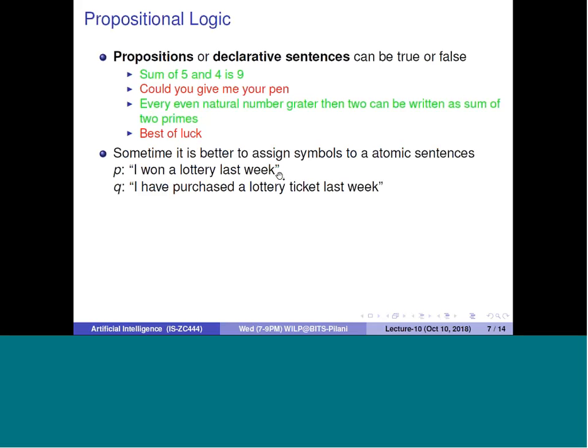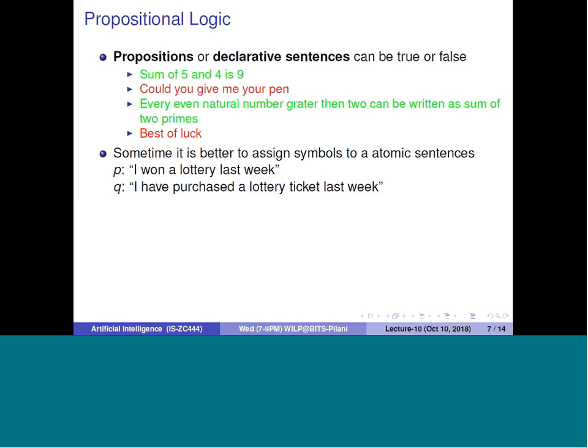That is a sentence, and therefore, instead of writing this complete thing, I have represented it using a single letter, P. Similarly, "I have purchased a lottery ticket last week" is Q. So you see that if Q happens, then only P can happen. If I have not purchased the lottery ticket, then how can I win the lottery last week?